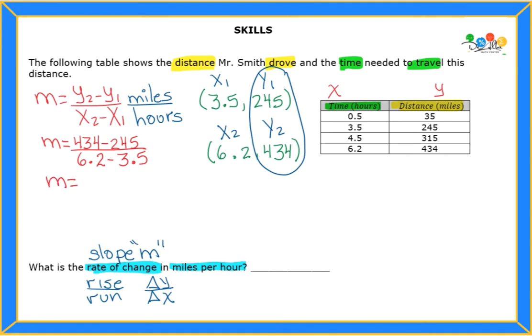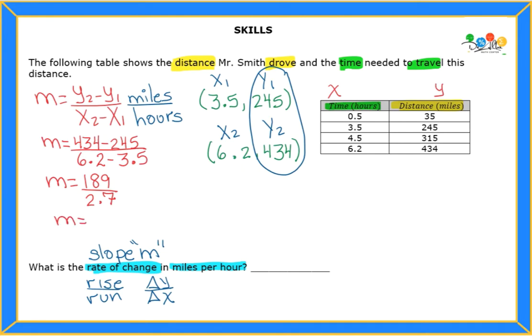Let's continue. What is the difference between 434 and 245? It's going to be 189, and the difference between 6.2 and 3.5, it's 2.7. Next, I need to simplify my numbers.